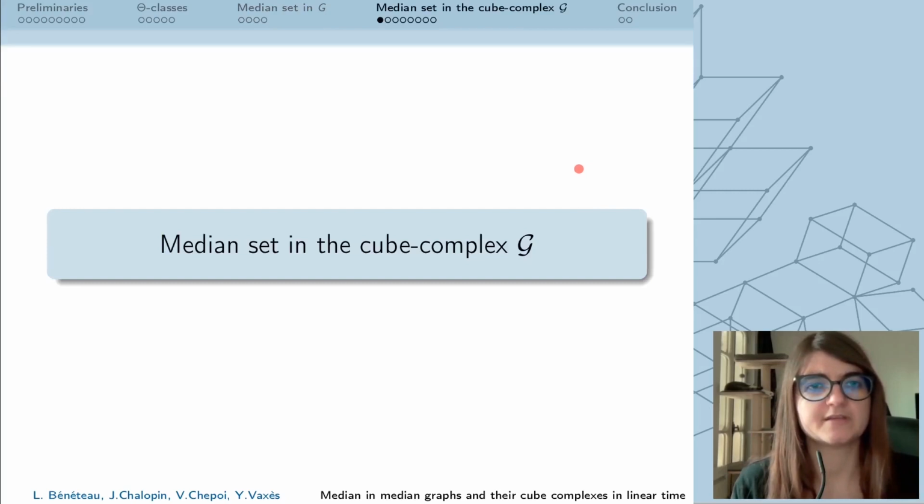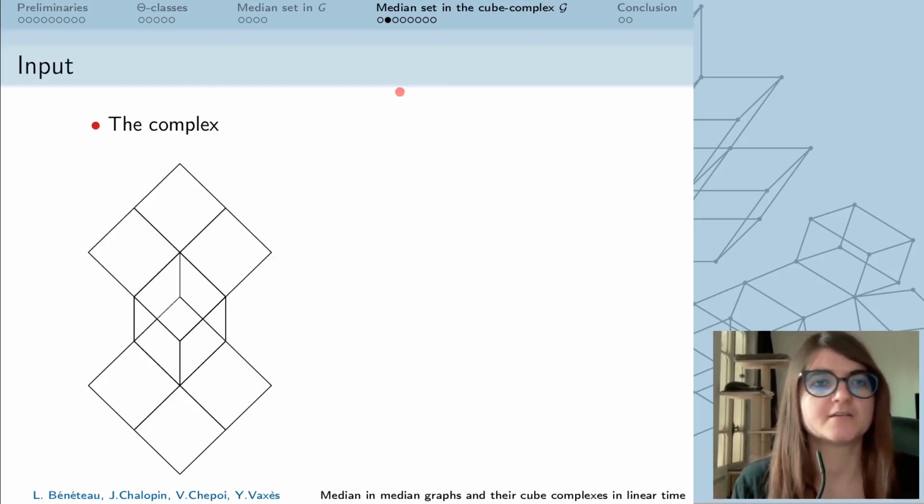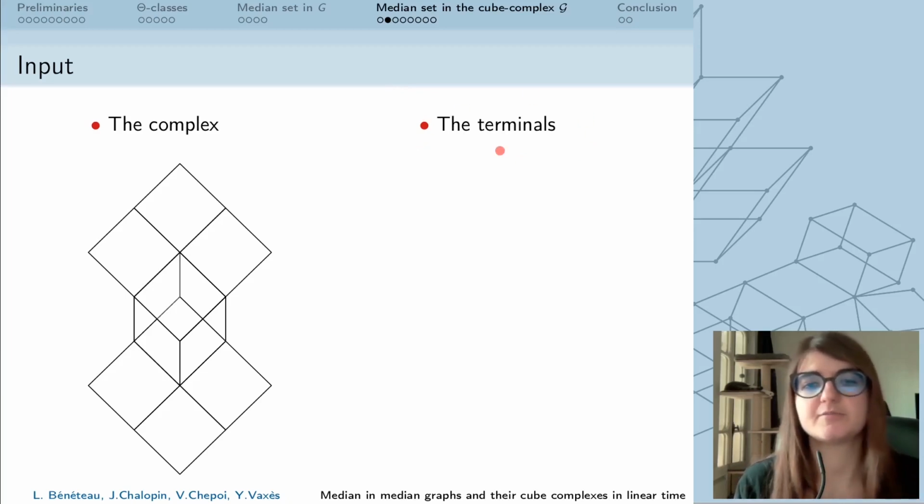Now moving to the median cube complex: the median sets in the L1 cube complex of a median graph. I won't go into further detail about complexity, but just to give you one of our struggles with it, I will show how we encode the input. To encode the inputs, we return its one skeleton, which by definition is a median graph. And the terminals are the points of the L1 cube complex that have a non-zero weight.